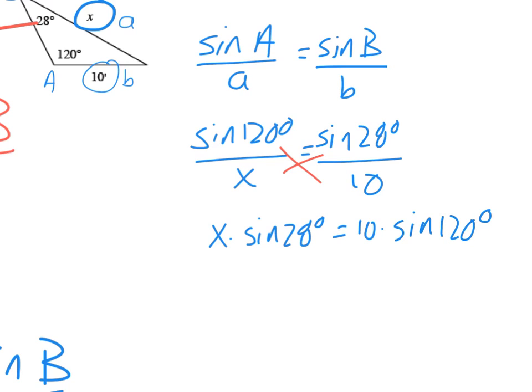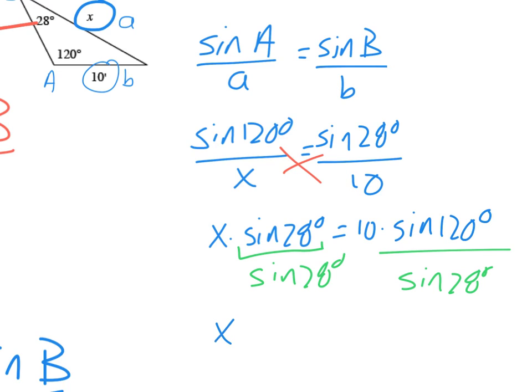What I want to do now is get x all alone, so I'm going to divide both sides by the sine of 28 degrees, exactly like that. What I'm left with then is x equals 10 times the sine of 120 degrees divided by the sine of 28 degrees.